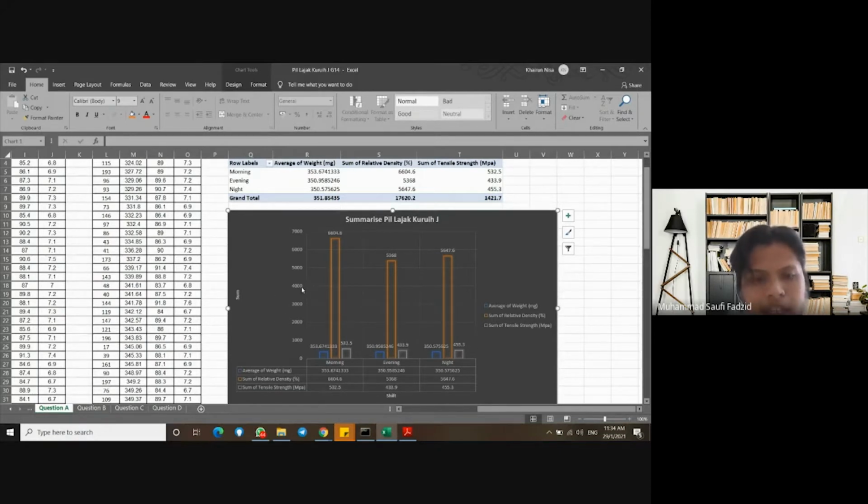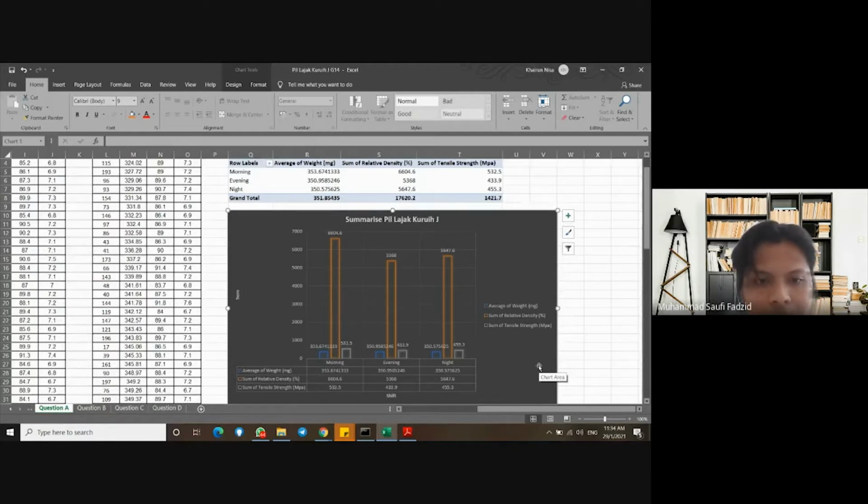For each shift, we have three types of graph. The blue one stands for average of weight. The red one stands for sum of relative density, and the white one is the sum of tensile strength. The y-axis is the range and average of the data.